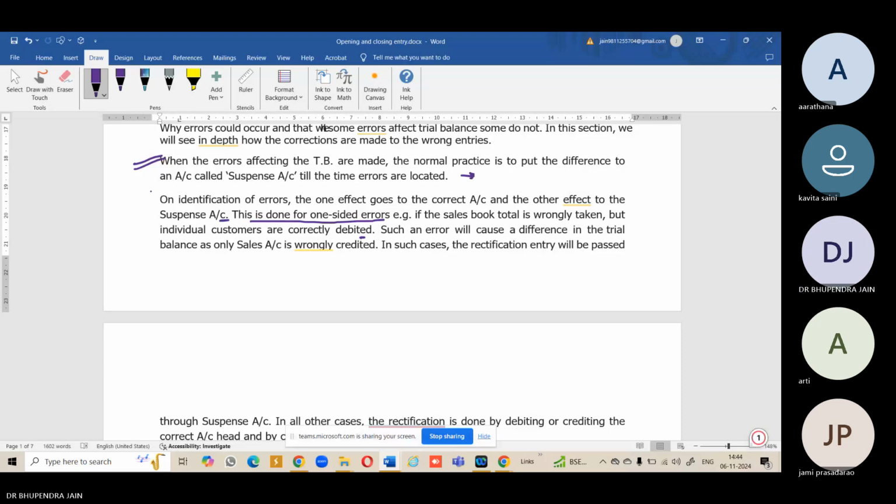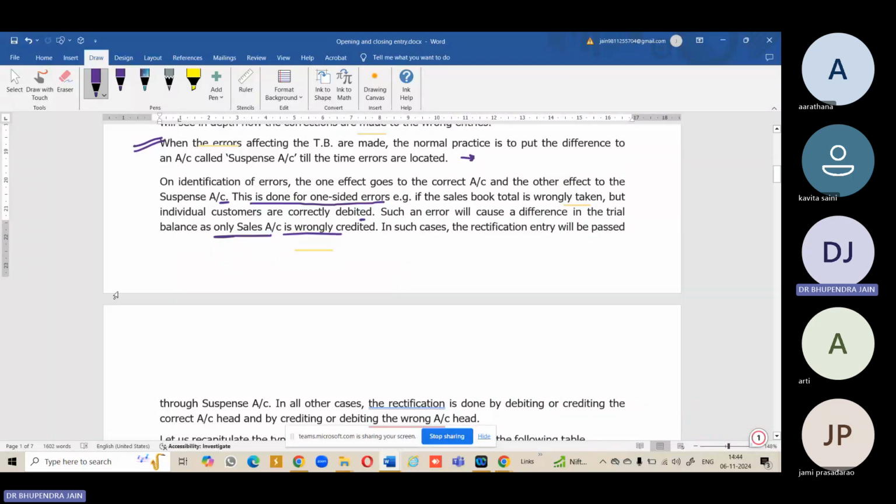Such an error causes a difference in the trial balance only in the sales account, wrongly credited. In such cases, the rectification entry will be passed through the suspense account.